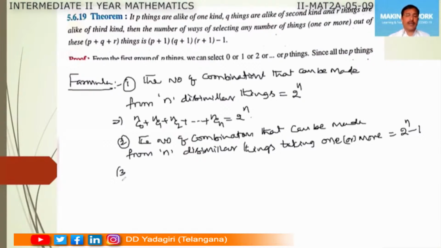సో మరి అట్లానే n సిమిలర్ థింగ్స్ నుంచి ఎన్ని కాంబినేషన్స్ ఏర్పడతాయి అది ఇక్కడ రాసేద్దాం.